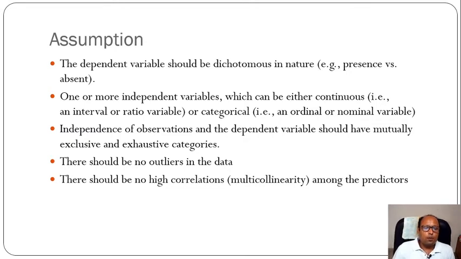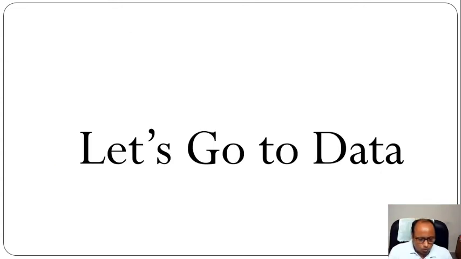There should be no high correlation among the predictors. If you have more than two independent variables, these independent variables should not have a high degree of correlation. So multicollinearity is an assumption which needs to be checked. These are some of the assumptions, and now let's go to the data file and see how logistic regression can be run using SPSS.